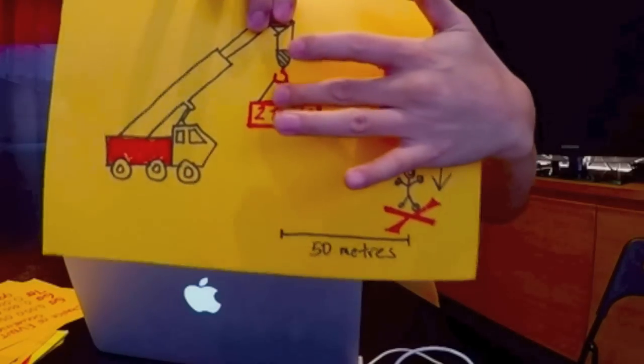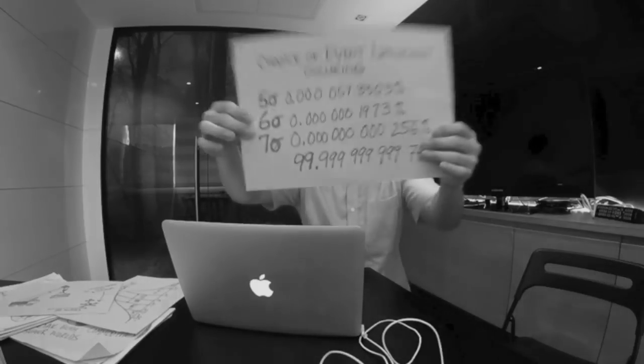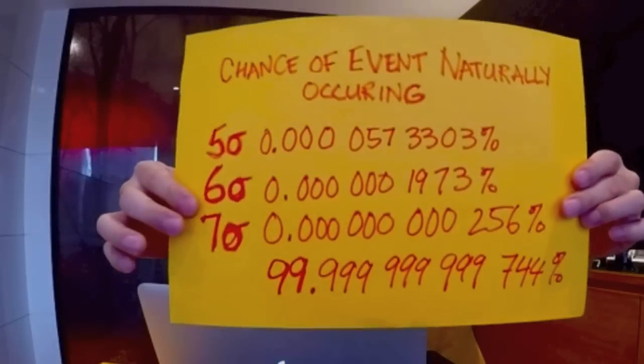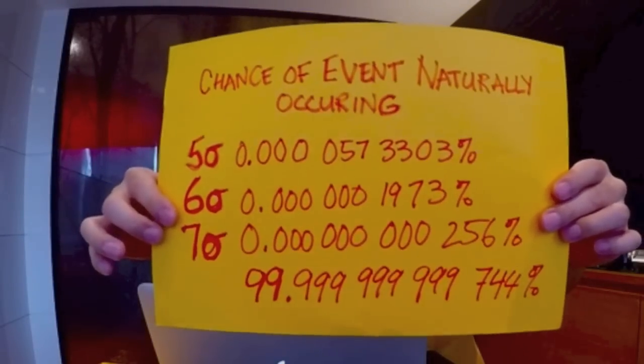It pushes a 2-ton steel pallet 50 meters over and then falls on your head and crushes you. But you know that the chances of that happening, a 7 sigma event, is a 0.00000000256% chance.